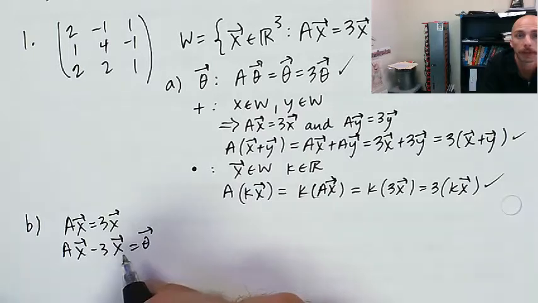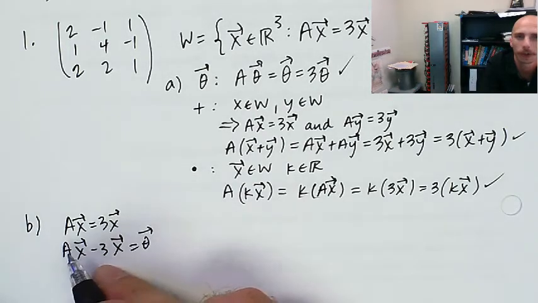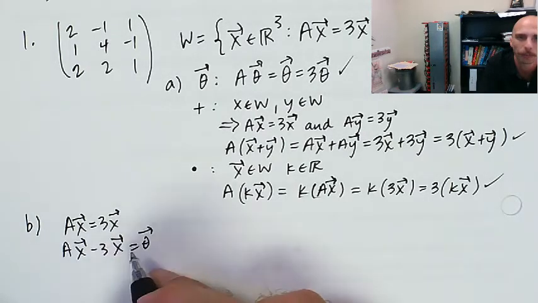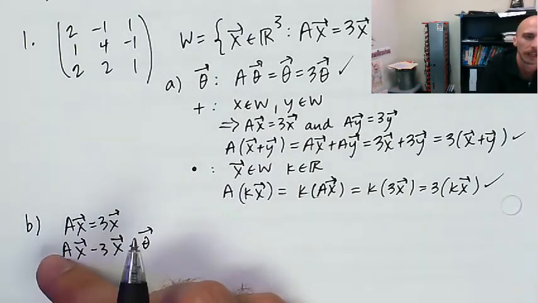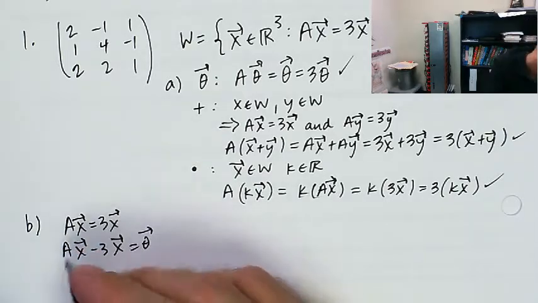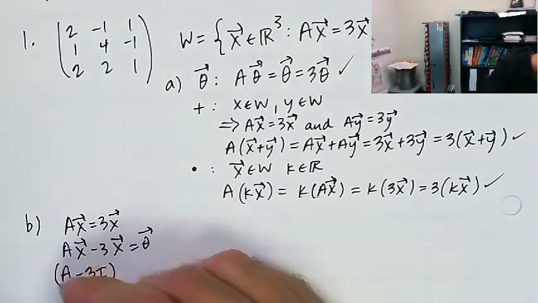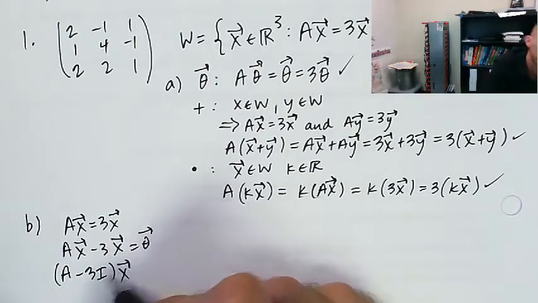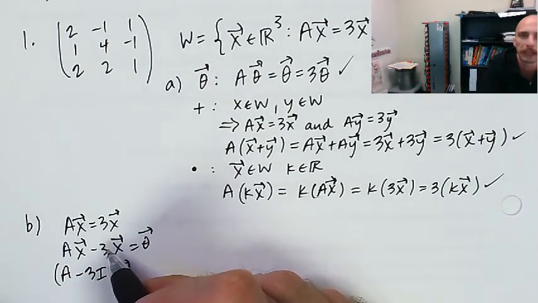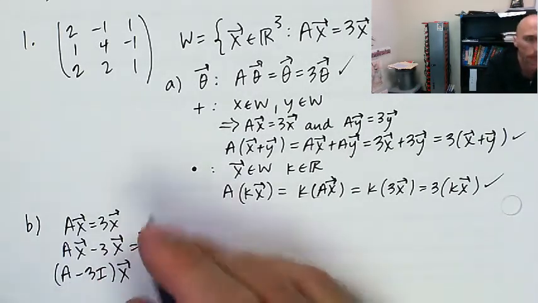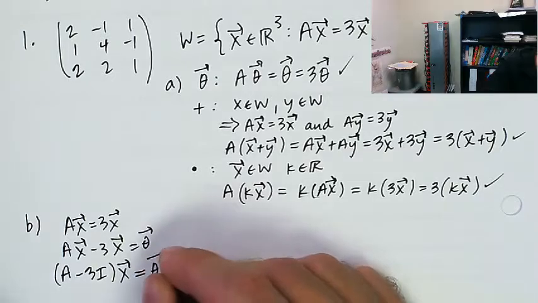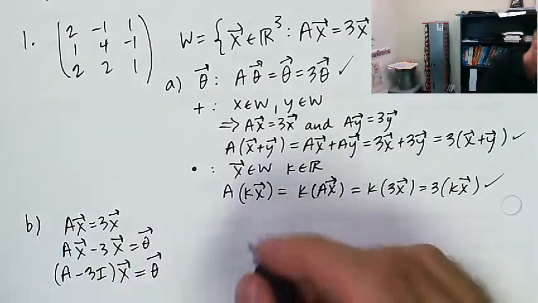If I wanted to factor out the X on the right, I can't really take A minus 3. It doesn't make sense to take a matrix minus a number. But the effect on X would be the exact same if I changed that 3 to a 3I. And then it would work. So that's why they're telling us to be interested in the solutions to that equation.